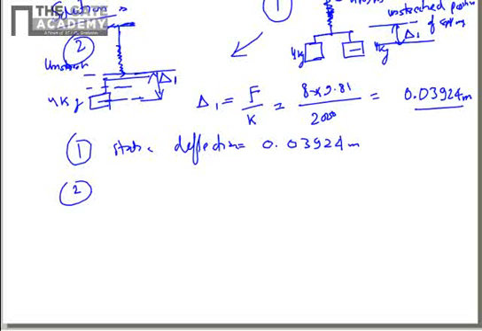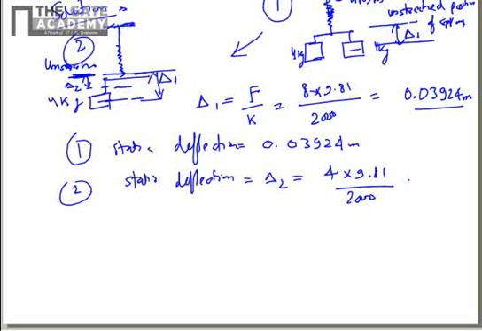So this is the unstretched position here. There will be some delta 2, which is the static deflection for case 2. We can derive this from the forces acting on the spring in this second case. In the second case it will be just 4 kg times 9.81, which is mg, and 2000 is the stiffness of the spring. So we'll get 0.01962 meter.